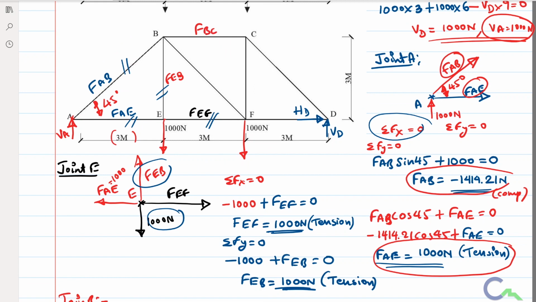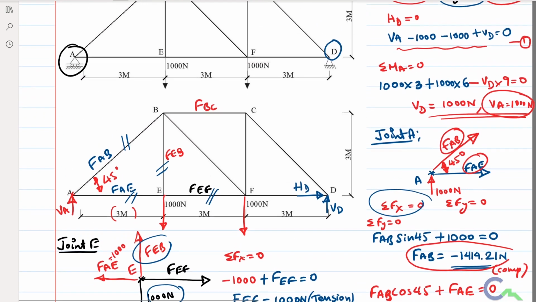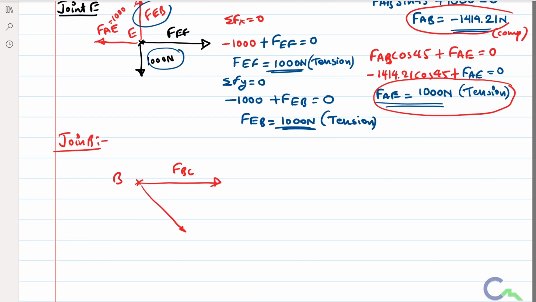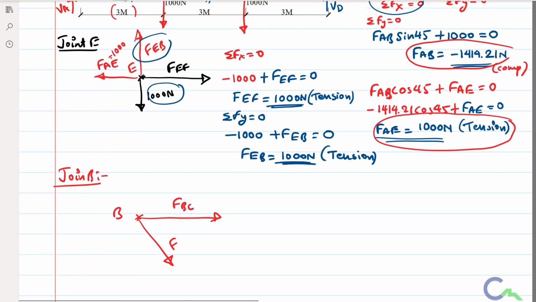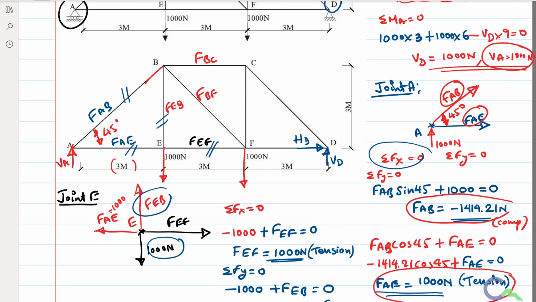So I am considering it for the first time. So I will take this as tension, FBC. Then we have FBF. That is also I am considering for the first time. So I will take that also tension, that is FBF. Then I have to see FAB. That is one more connection. So FAB I already considered in the first step.